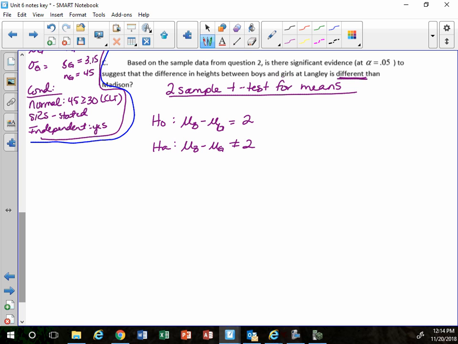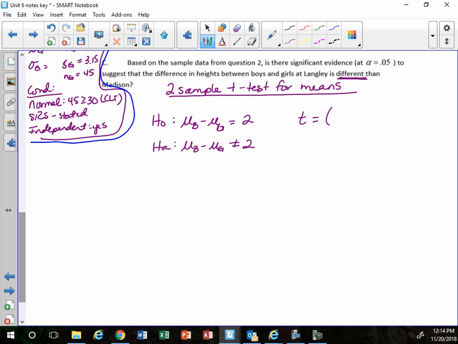All right. The formula, if we were doing this, we'd be finding a t value, right? What's my formula? Can we find it? We know it. It's really long, right?